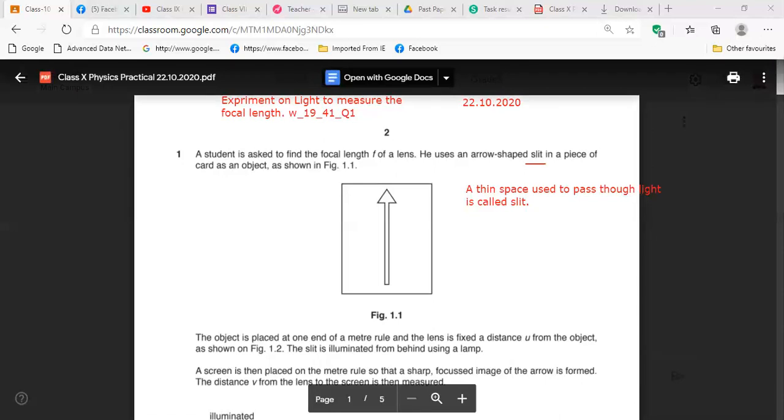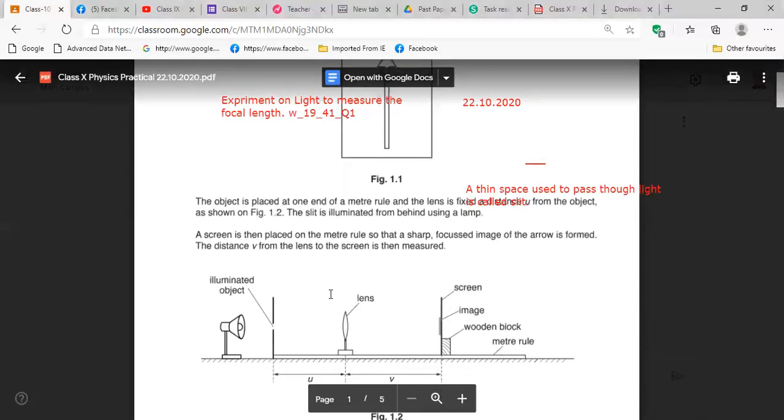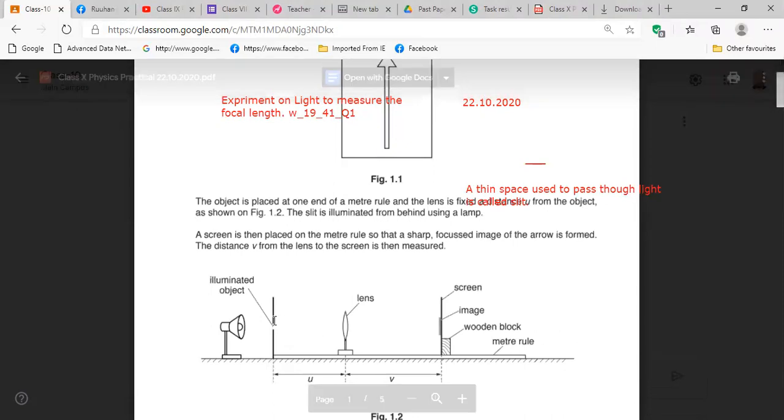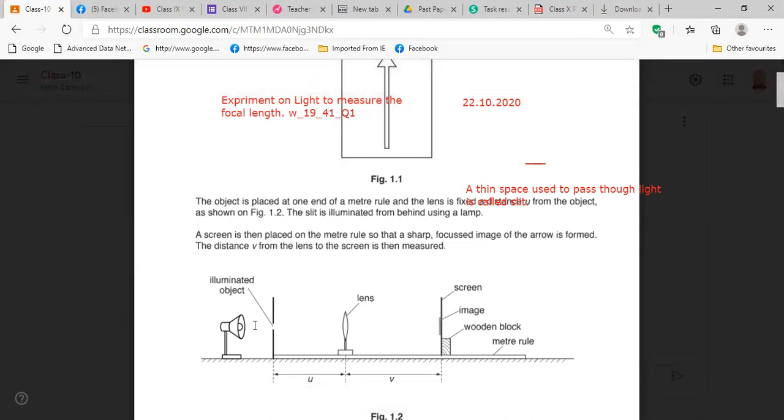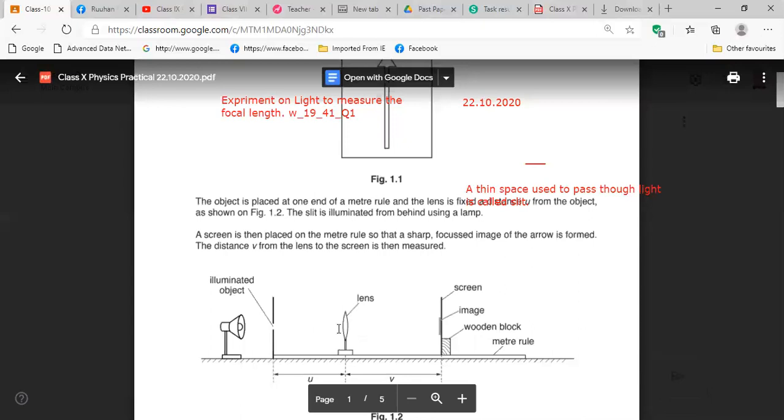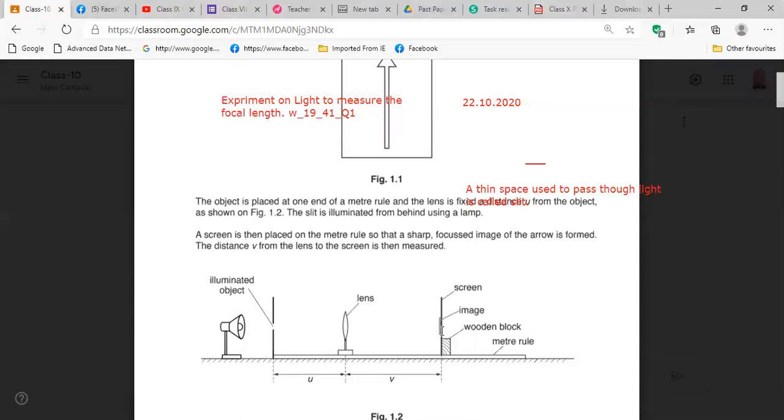Look here. There is the lamp, and this slit is kept here, so that through this slit the light can pass through, and it's also falling on this lens. Then we are getting the image of this illuminated slit over here on the screen.